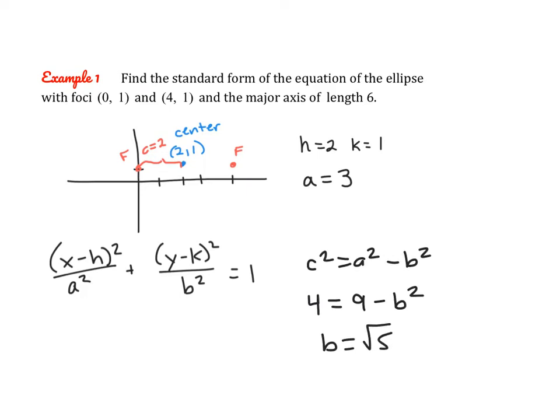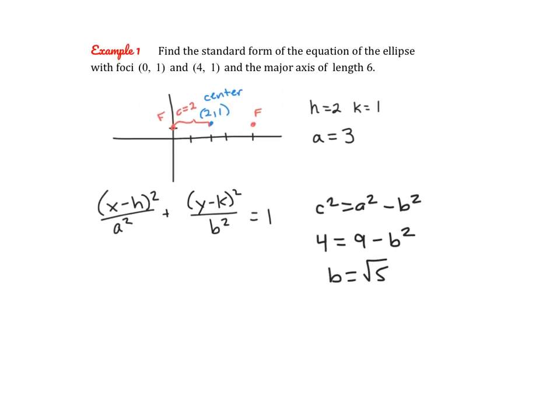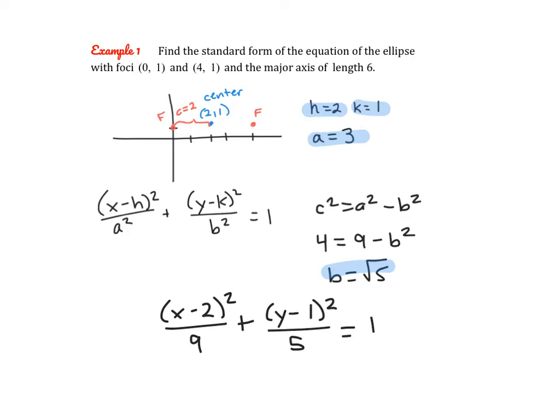So now I have all of the different characteristics that we need to make our equation. We have h, k, a, and b, and now we just have to plug it in. So we have (x minus 2) squared over 9 plus (y minus 1) squared over 5 equals 1. And that is the standard form.